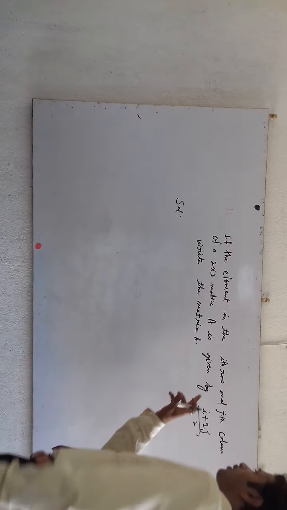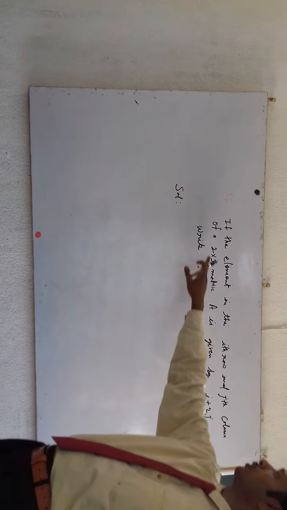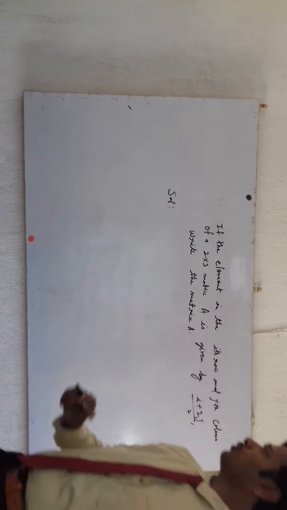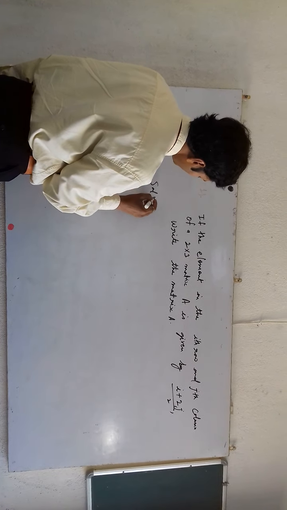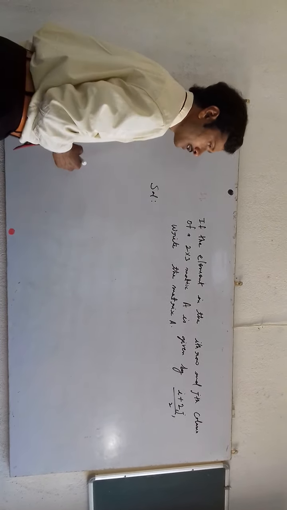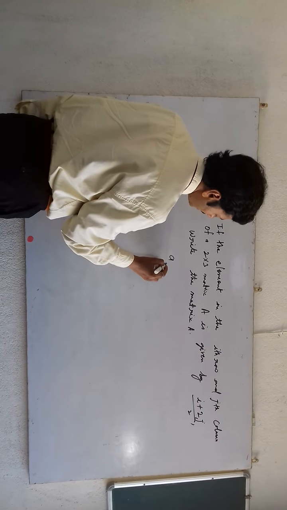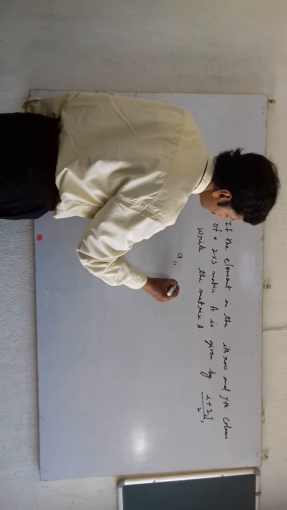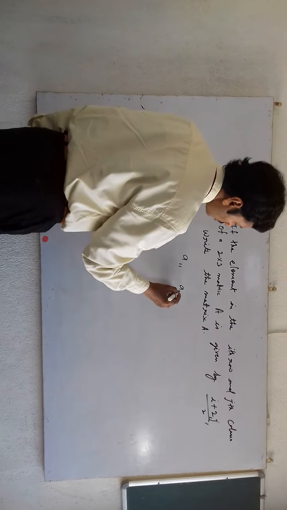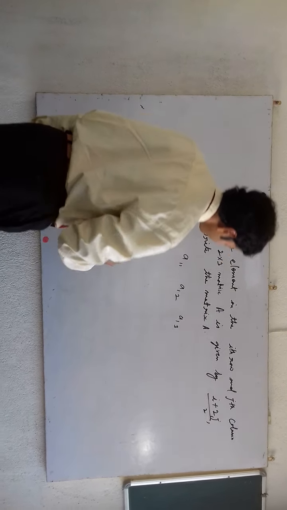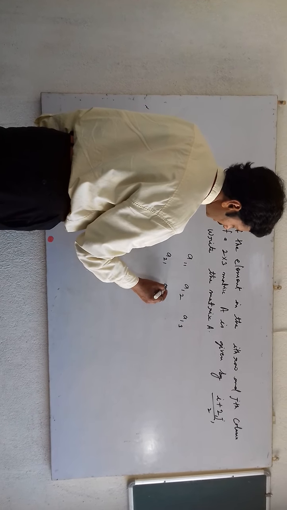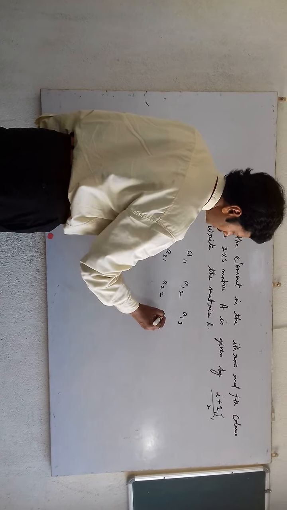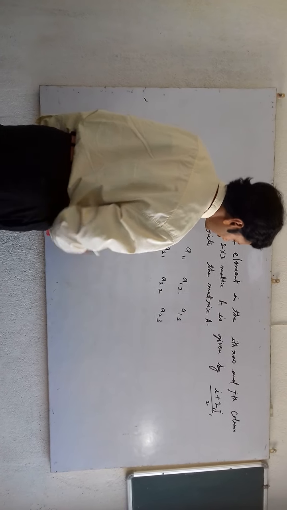Here the order of the matrix is given as 2 into 3. So simply we can write the elements of the matrix as a11, a12, a13, a21, a22, a23.